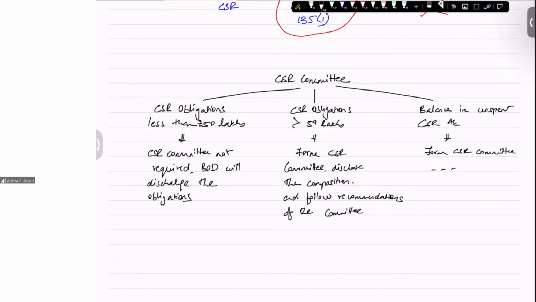So you will form a CSR committee if the obligations are more than 50 lakhs or if there is a balance in the unspent CSR account. Is it okay? Yes. Are we clear?